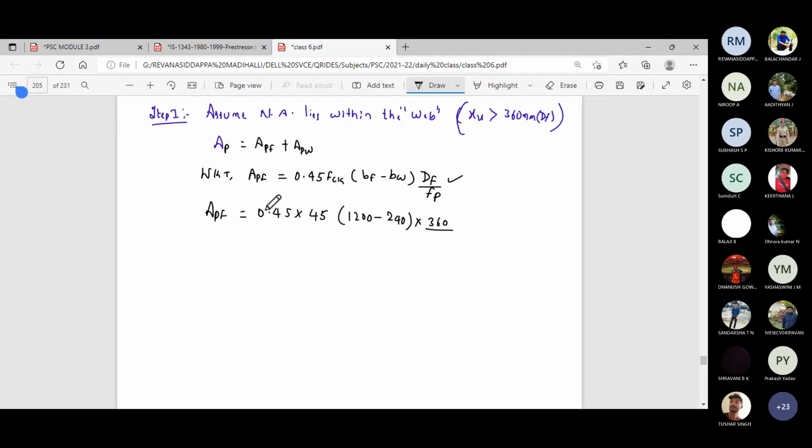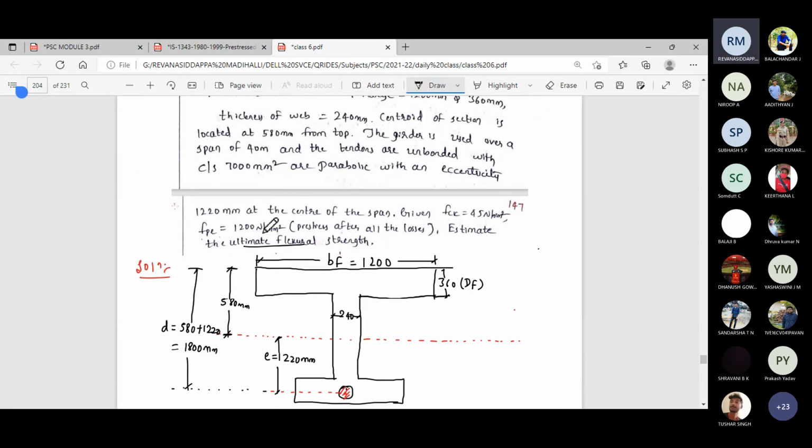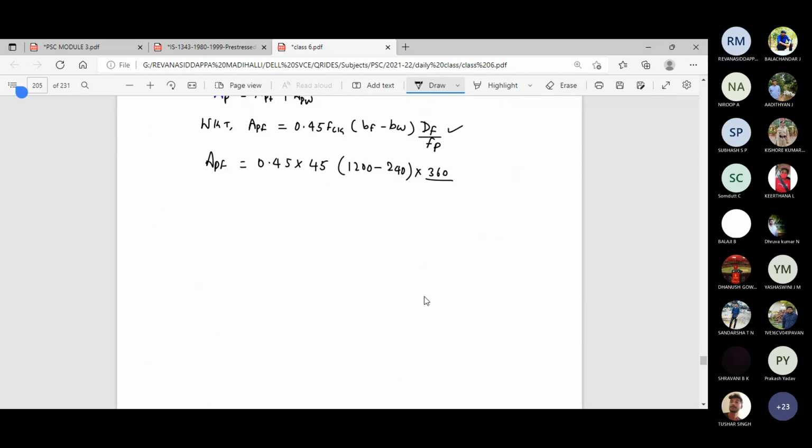FP is the final prestress after the losses, given as 1200. If it is not given, you can assume it as 1600. But here in this problem, after the losses, he has given the prestress, that is 1200 per mm square. By this, you'll get the value of APF.